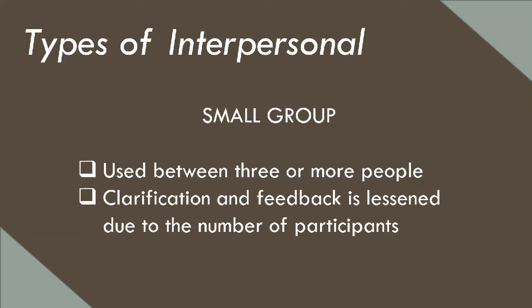The example given earlier is known as a small group interpersonal type. This is used between 3 or more people. Clarification and feedback are lessened due to the number of participants. Having numerous receivers and senders can cause communication breakdown due to the differences in opinion, ideas, culture, and insights of the actors.